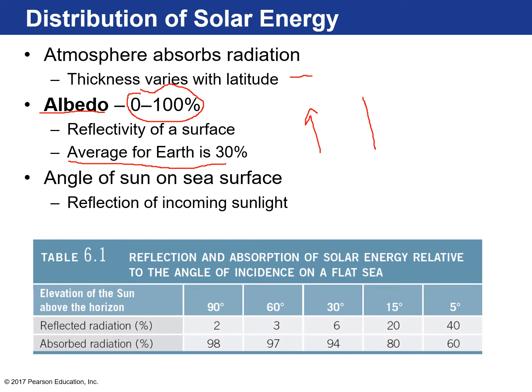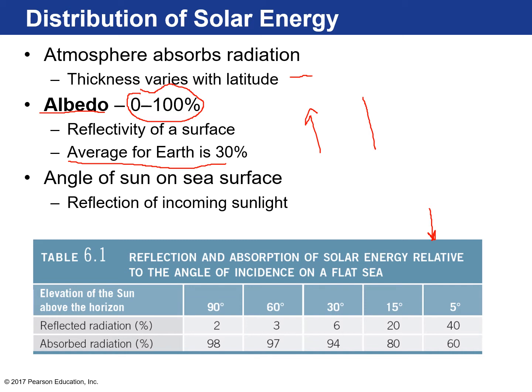Okay, and then this table here shows us the percentage of reflection and absorption of solar energy relative to the angle of incidence on the ocean. So let's pretend we're on the surface of the ocean at the equator.